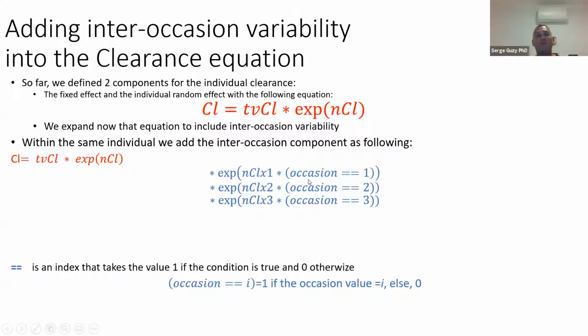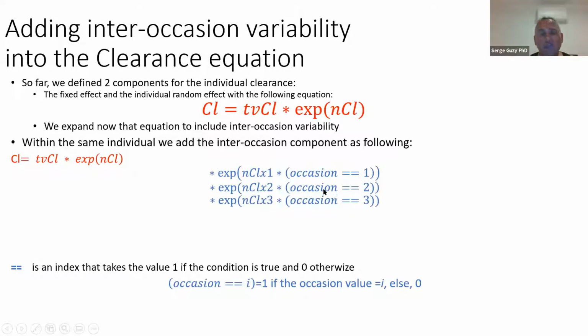Then let's talk about the first week. Occasion equal 1, then the occasion index is 1. And suppose that NCLX1 equals, let's say, minus 1. Then it means that that patient has a clearance of 5 multiplied by exponent minus 1 on the first week, because I assume that NCL equals 0.